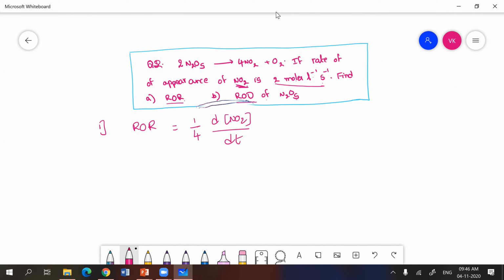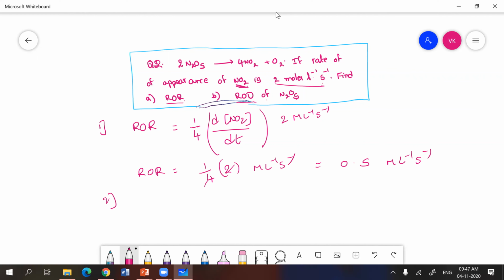They gave the rate of appearance of NO2, meaning this whole term has a value of 2 moles per liter per second. Substitute. So the rate of reaction is equal to 1 over 4 times 2 moles per liter per second, which is 1 over 2, that means 0.5 moles per liter per second.